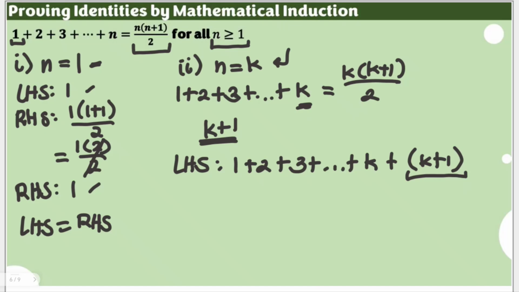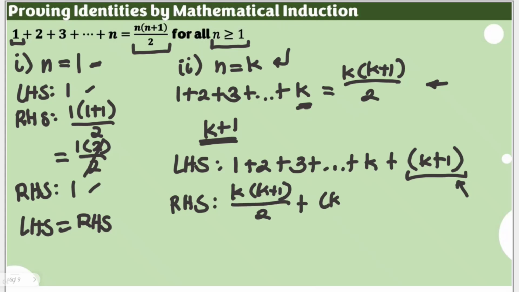Now, since we expect this to be an identity, once we add something on our left-hand side, we also add the same thing on our right-hand side. Our right-hand side, expressed in k, is k times k plus 1 all over 2. Then we are going to add the same quantity, k plus 1, to ensure that we are not changing the identity as expected.